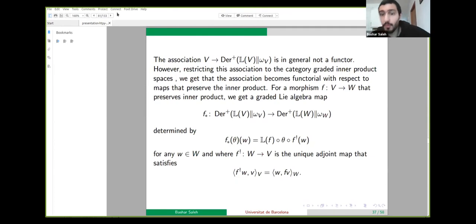So if we have a morphism of inner product spaces, meaning that it preserves the inner product, we get a graded Lie algebra map, F star, from the derivations on LV that vanish on omega V to the corresponding one for when V is replaced by W.